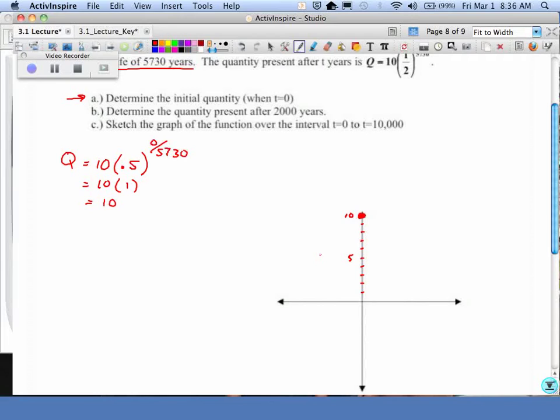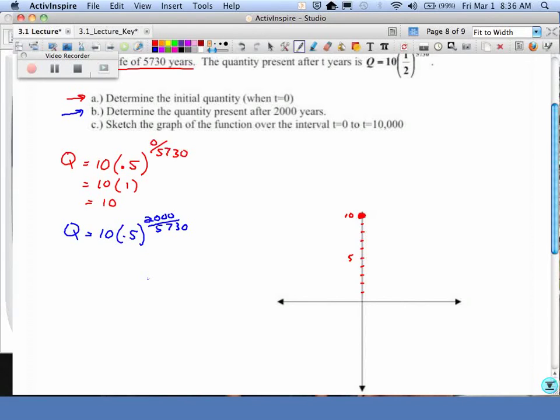Part B, 2,000 years. Now you have to kind of understand, some of these answers get really weird. But you should be able to look at that problem and ask, is 2,000 a half-life?